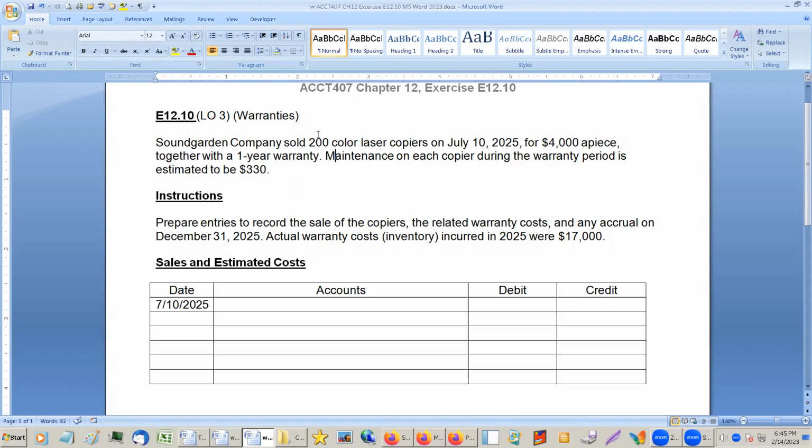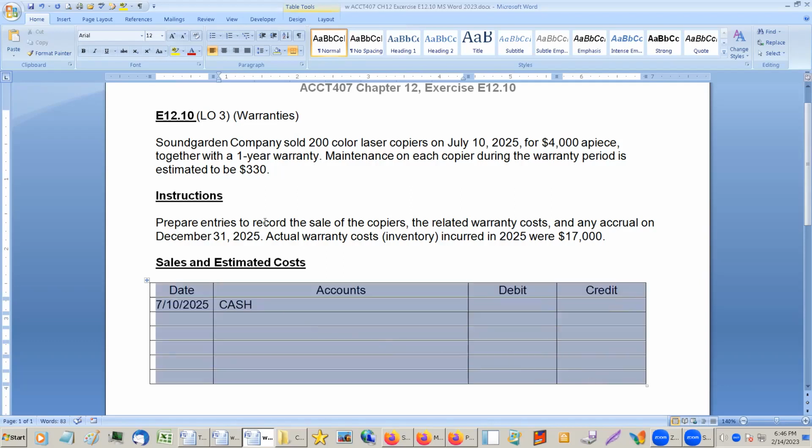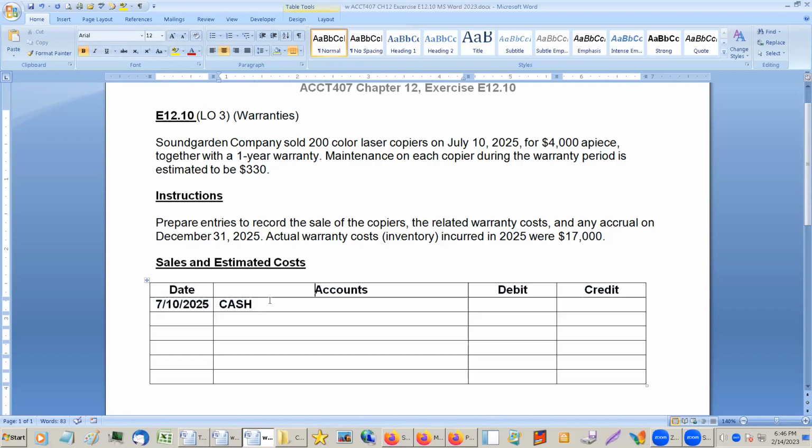Okay, now they tell us they sold 200 copiers for $4,000 apiece. I'm assuming that's cash, and some kind of revenue, copier revenue or just revenue is fine.